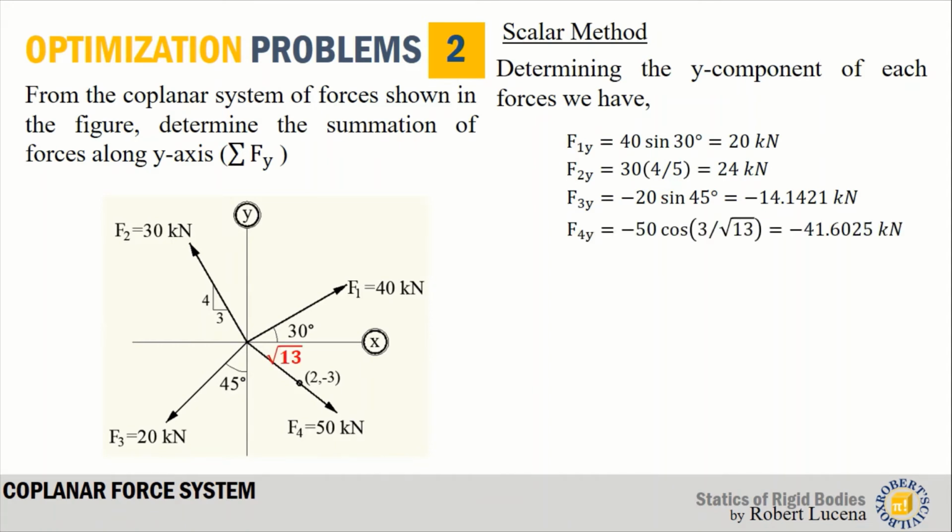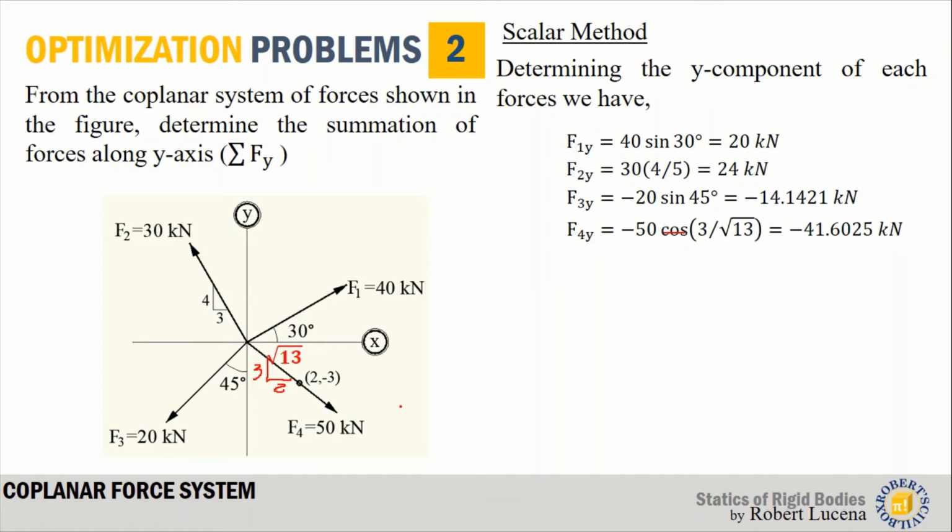And similarly, if we have here the 2 and 3, if we want to get the y component of F4, that is simply the magnitude of F4 times the rise over the hypotenuse. Remove this cosine, I'm sorry.